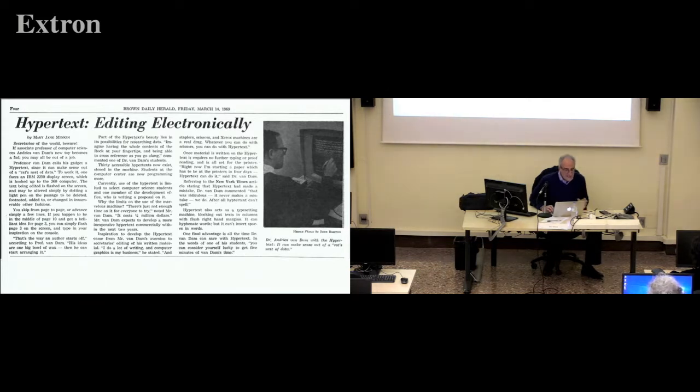Okay, and let's read the first lines: "Secretaries of the world, beware." That's from the Brown paper, the Brown Daily Herald. And it says, if associate professor of computer science Andy Van Dam's new toy becomes a fad, you may all be out of a job.